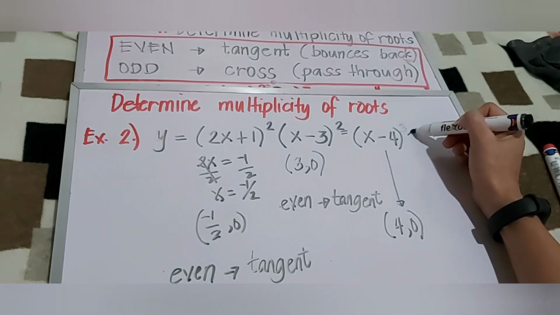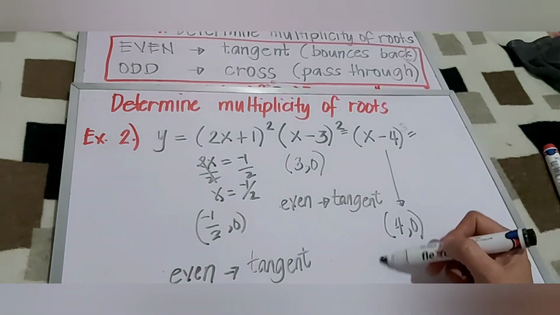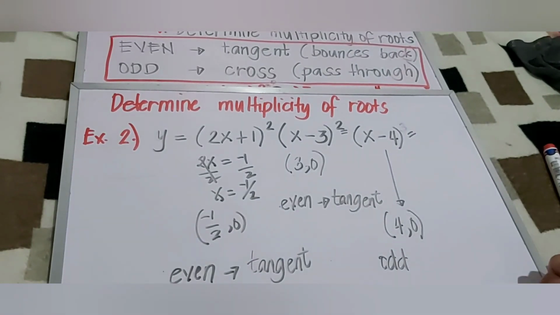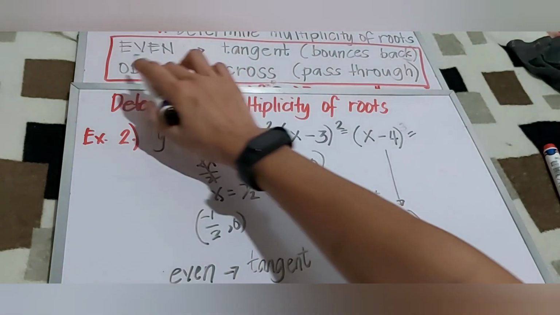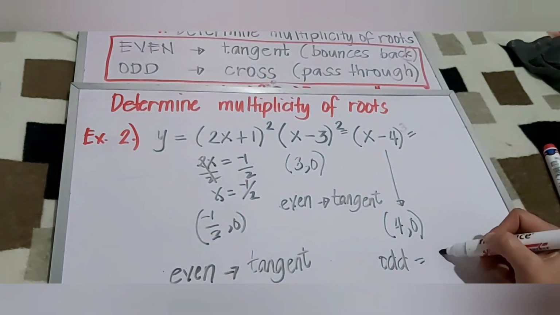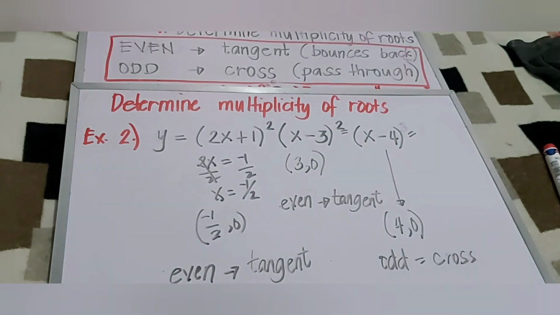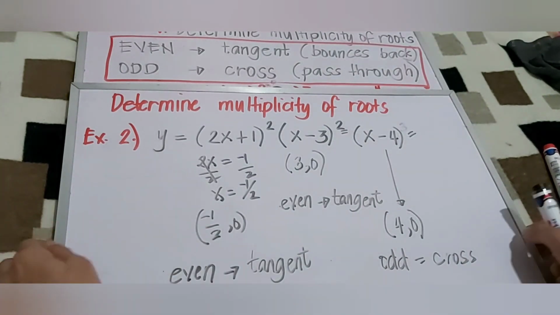The exponent is 3, which is odd. Since it is odd, it will just cross our x-intercept. So, there you have it.